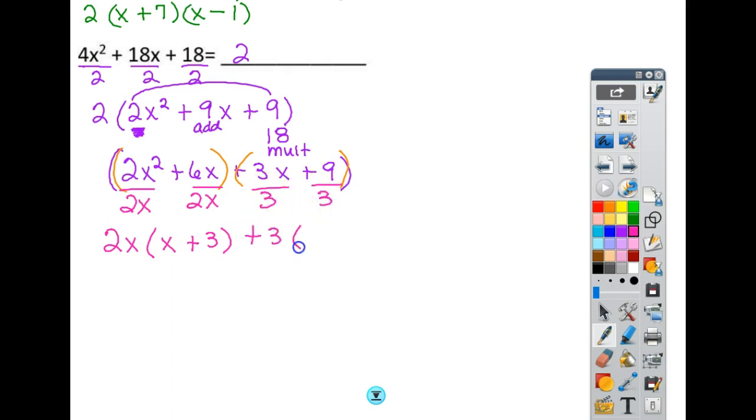Then plus 3 and x plus 3 when we divide it. So 2x plus 3 is one of the factors, and good job for me for writing down the GCF first so I didn't forget it. So there you have it.